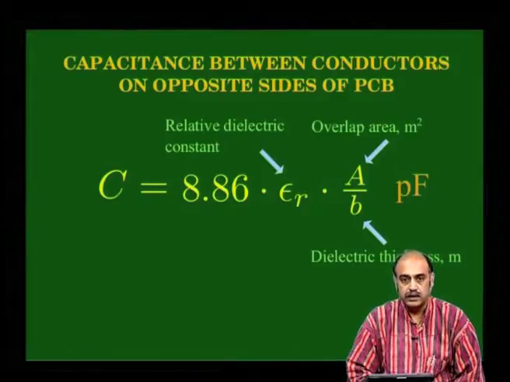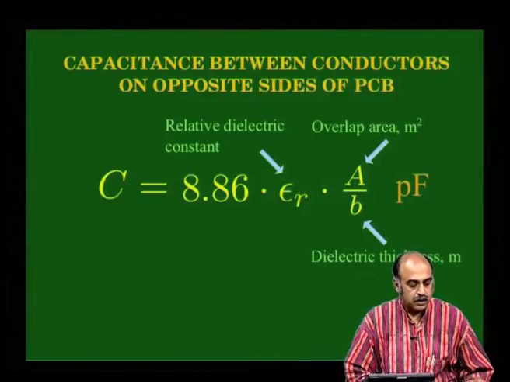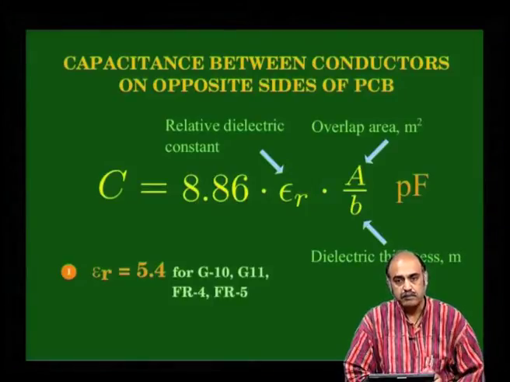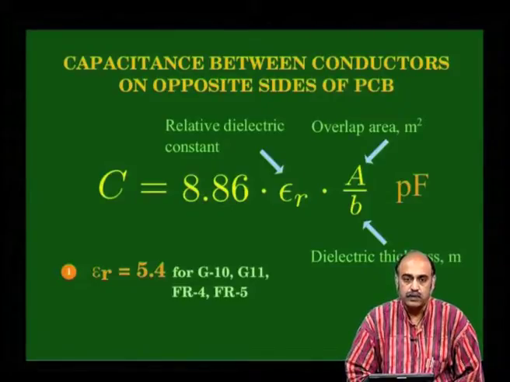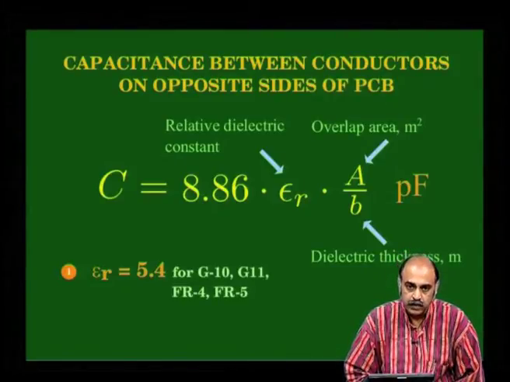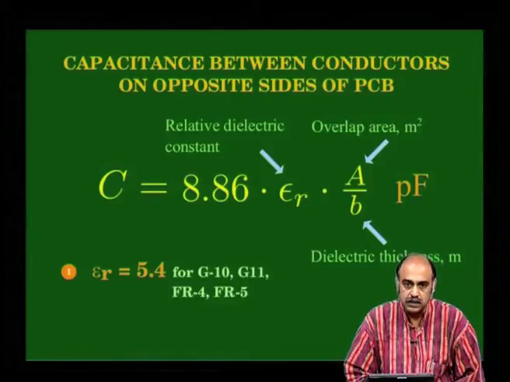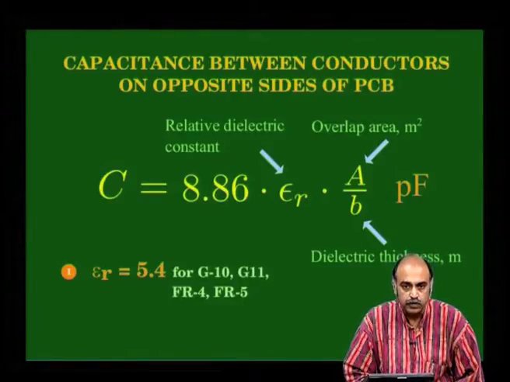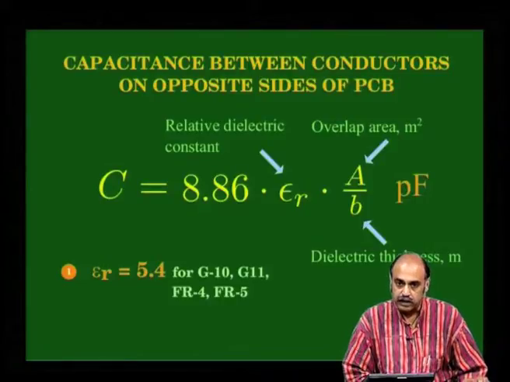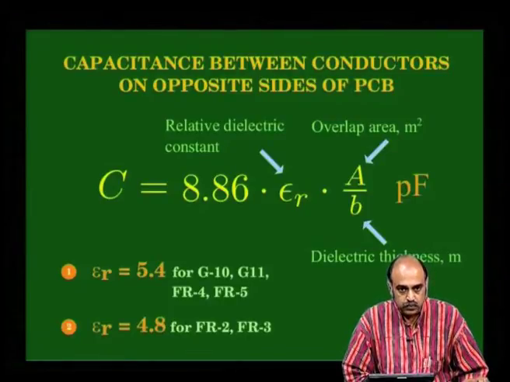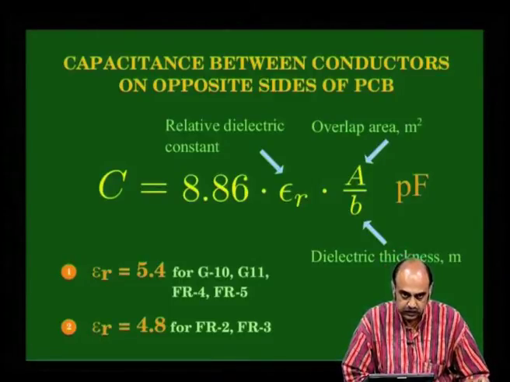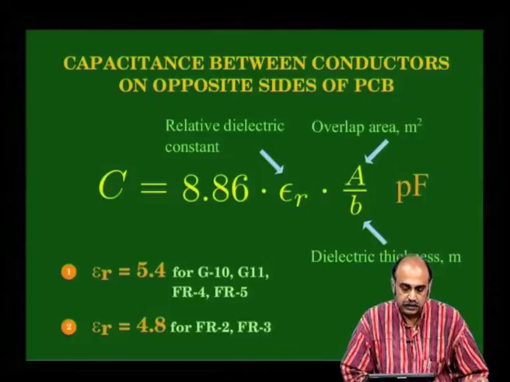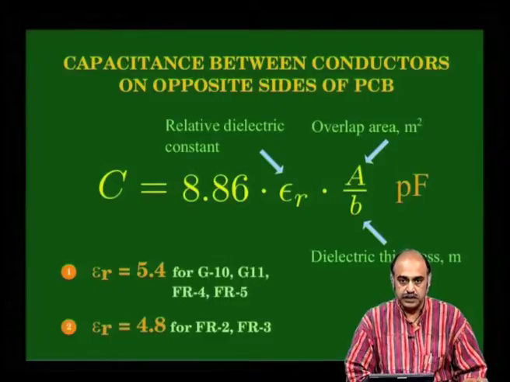The relative dielectric constant is something which is material dependent, and it is a value 5.4 for some materials like G10, G11, FR4, FR5, which are the common laminate materials, and you have a value of 4.8 for FR2, FR3 type of materials, and for any other type of material grades you will have to find it out from the data sheets or science tables.